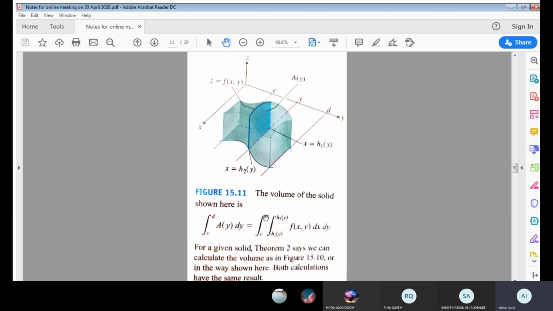And now this A(y) is given by the expression in the middle part here: A(y) is the integral from h1(y) to h2(y) of this two-variable function with respect to x. Then integrating this A(y) from c to d with respect to y gives you the volume.